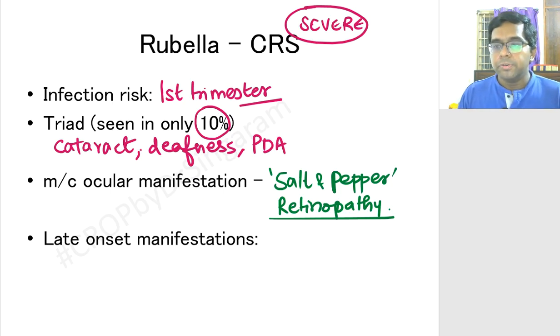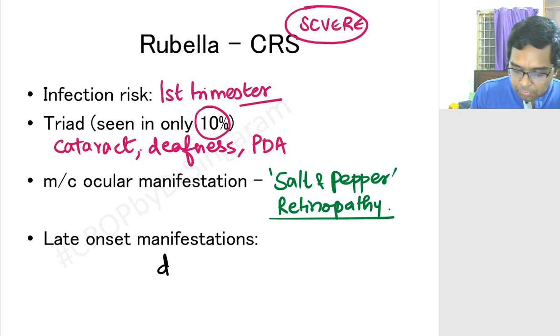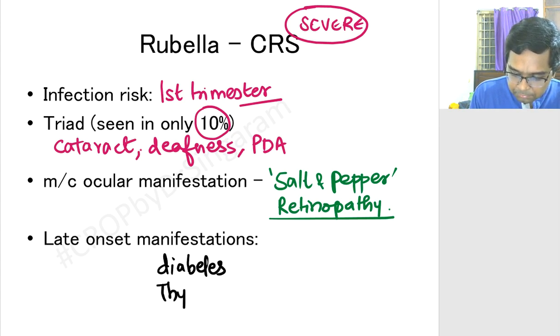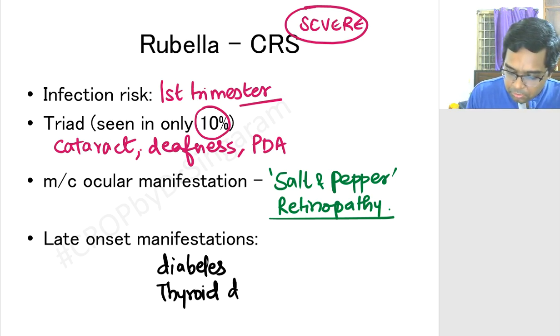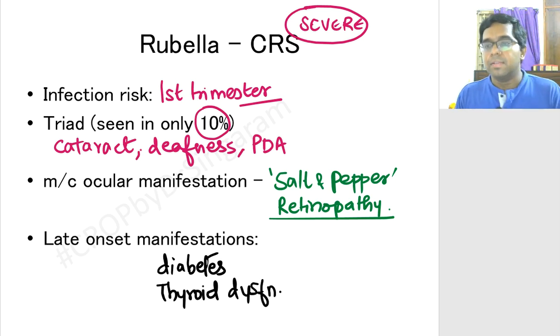I would also want you to remember that congenital rubella syndrome is not only associated with manifestations in childhood, it can also have late onset manifestations in the form of diabetes and thyroid dysfunction, which has been noted in say 20-30% of the affected persons. So diabetes and thyroid dysfunction you need to remember as late onset manifestations of congenital rubella syndrome.